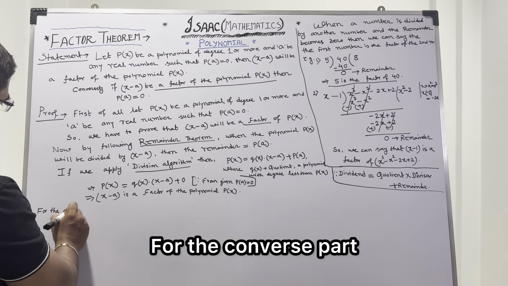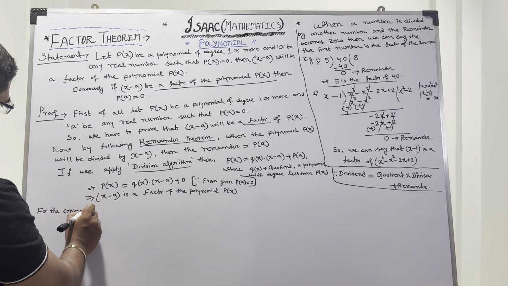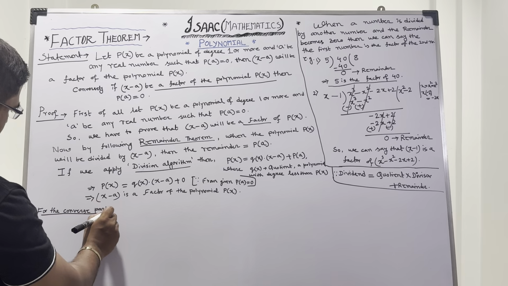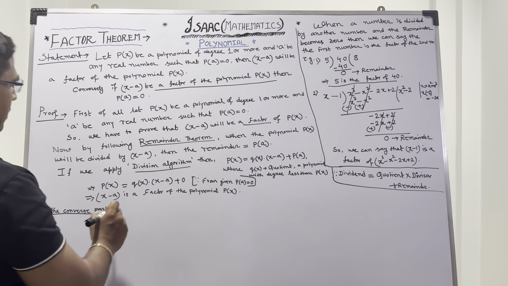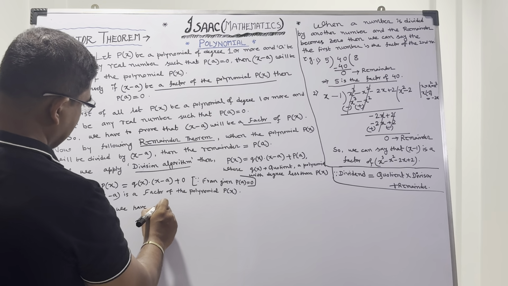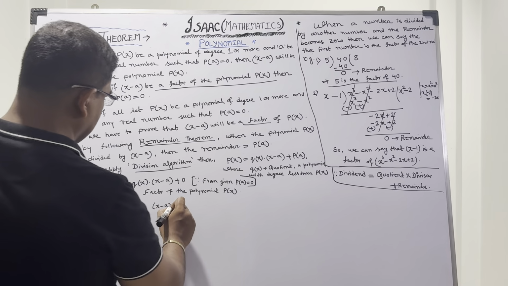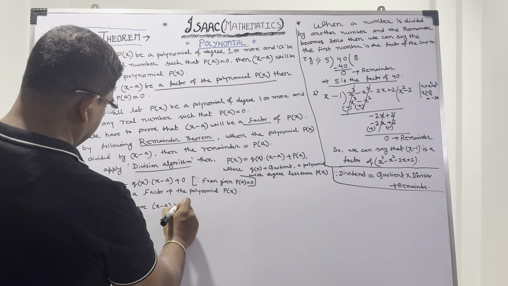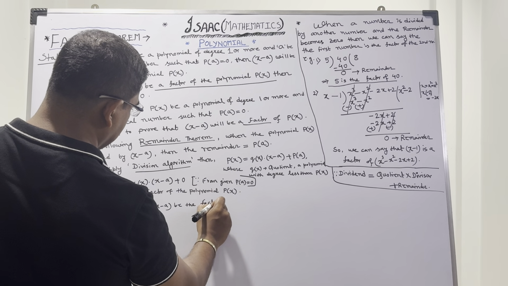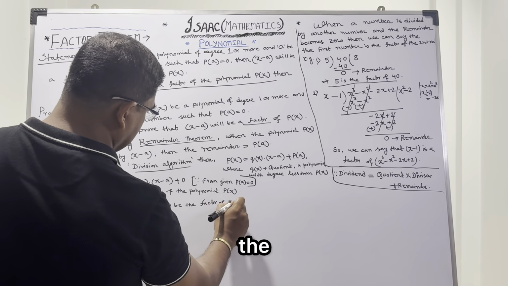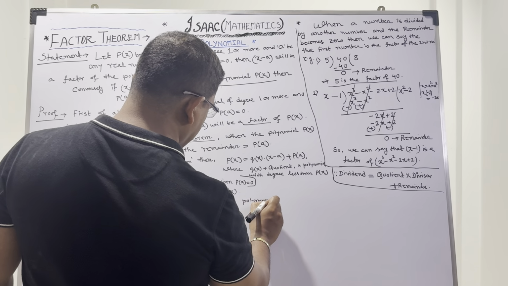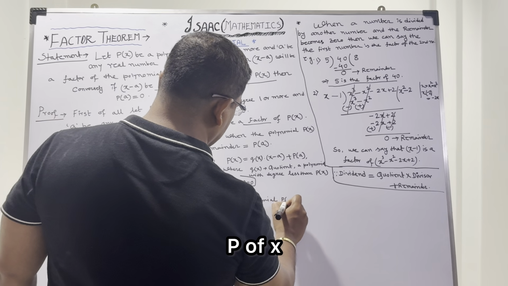For the converse part, we have x minus a be a factor of the polynomial P of x.